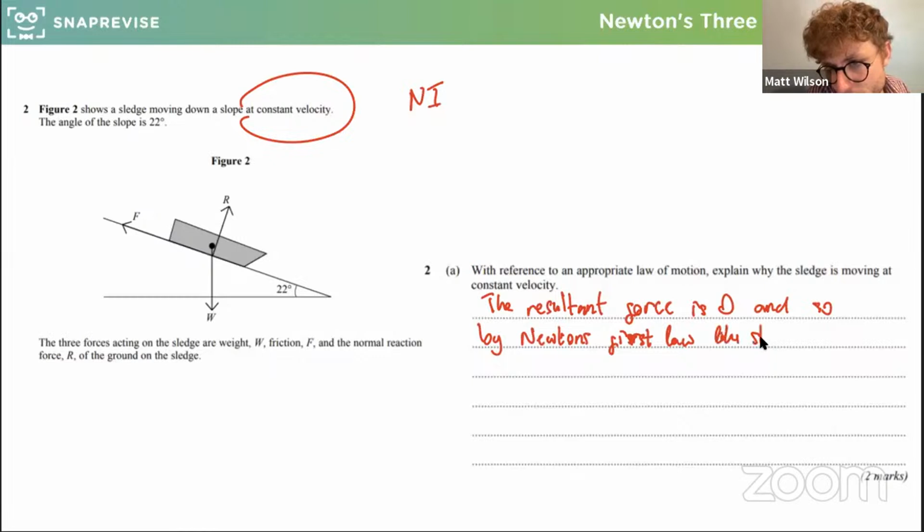The sledge must either be at rest or at constant velocity.